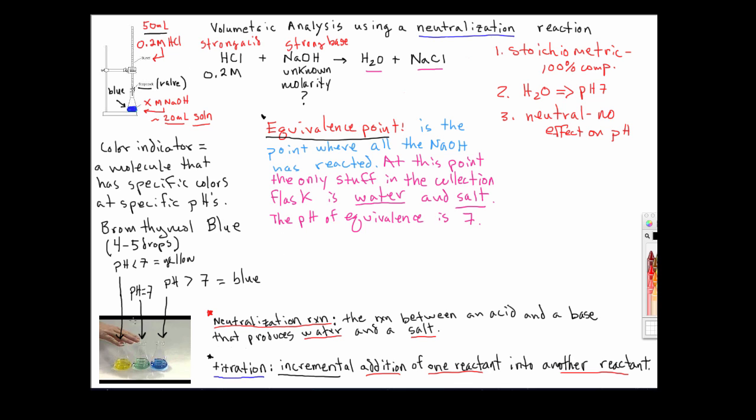So we call the pH of the bromethymol blue at the end of this experiment where we have reached the equivalence point, we define a new point. This is called the end point. And this is the place where the color indicator turns to the appropriate color.